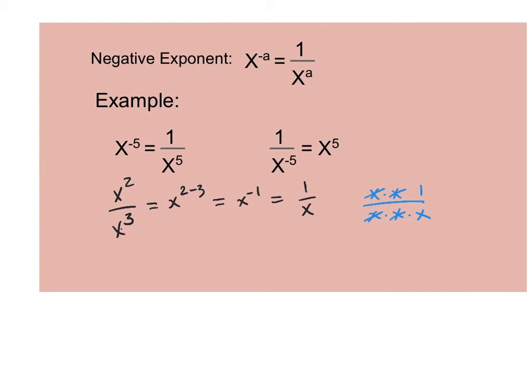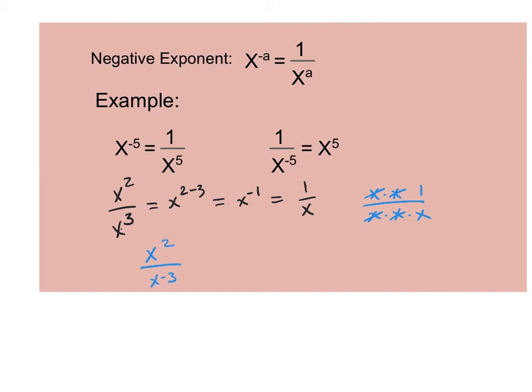The other thing you can think of for moving it from the bottom to the top is if you had something like, let's pick a different example. Let's say x squared over x to the negative 3.